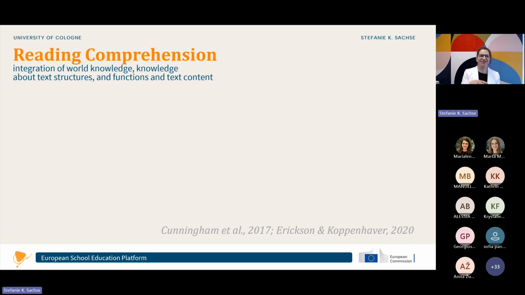So it's this integration of world knowledge, what I know about text structures, about the functions, and the text content. It's really much more than understanding the meaning of individual words.